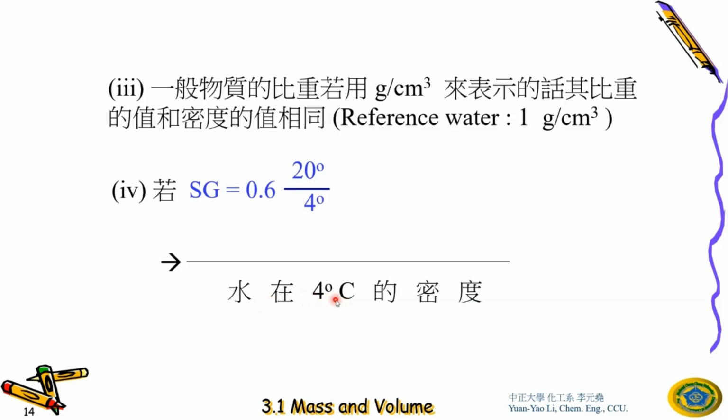The second is the specific gravity of some substance at 20 Celsius. Okay.